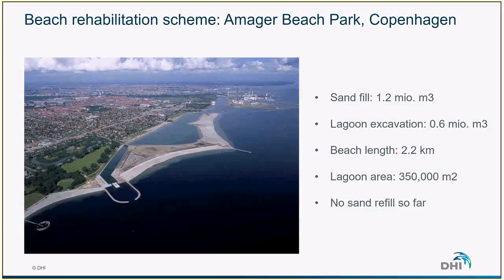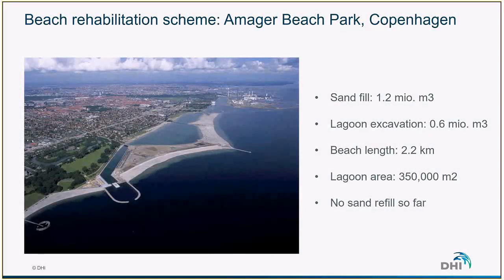It has to be noted that this beach was integrated in some long-term development. For instance, it's very easy to access from the city center of Copenhagen because there is a metro line that arrives there. And since this beach has been constructed, the neighborhood has completely changed. It's now becoming one of the most popular neighborhoods in town, and it's been growing extremely fast thanks to the presence of this beach, which was not the case before.